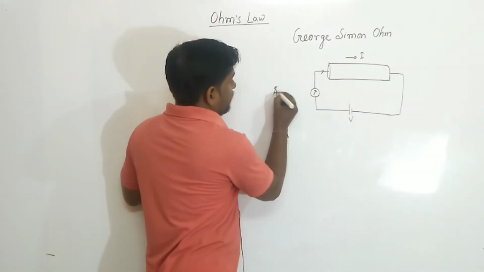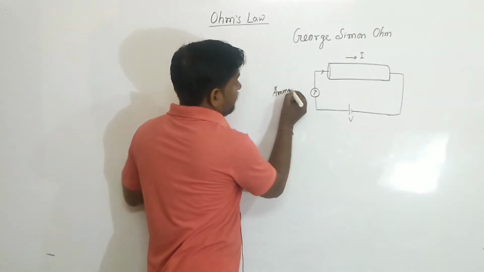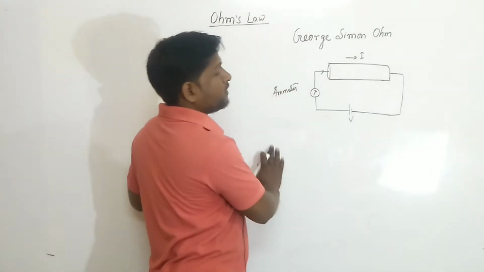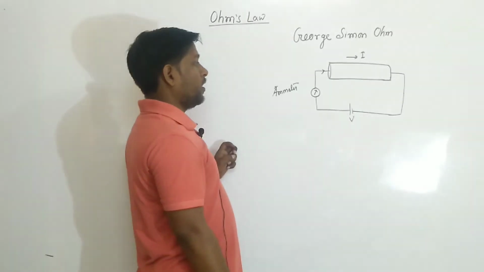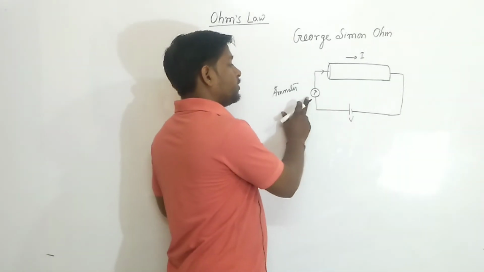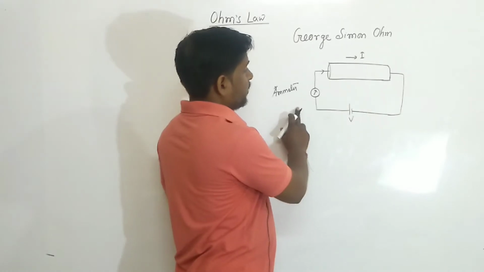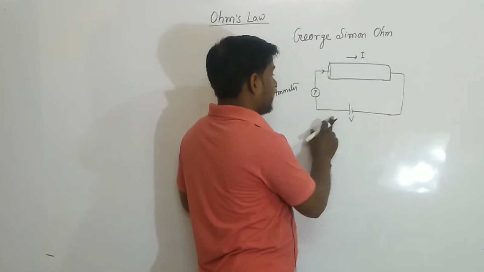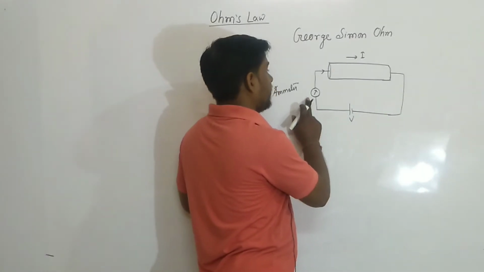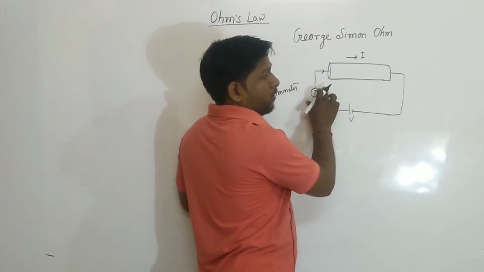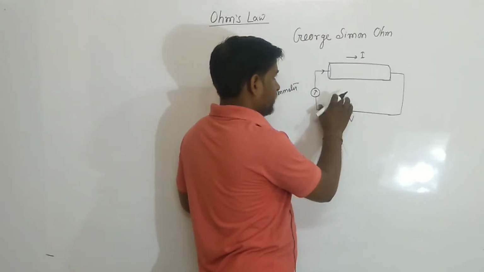Here, the ammeter is a device used to measure electric current, and it is used in series combination, because to measure a certain electric current, the whole of the current must pass through it, and only then will it give you the value of the current passing through it.